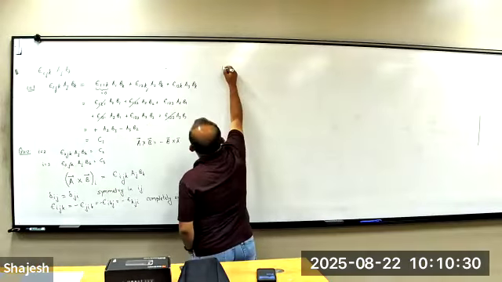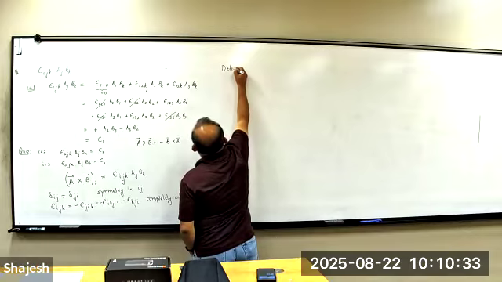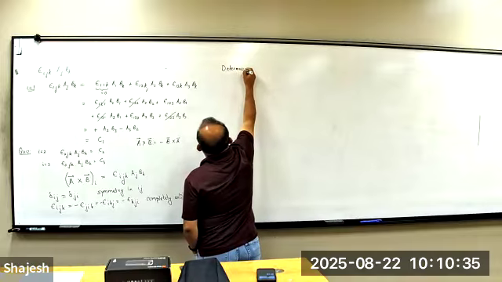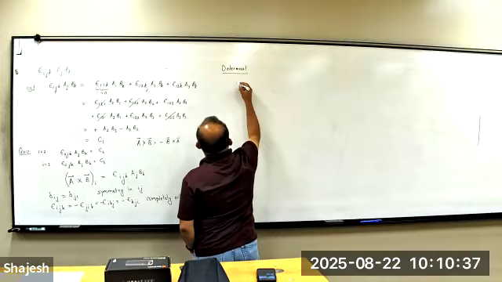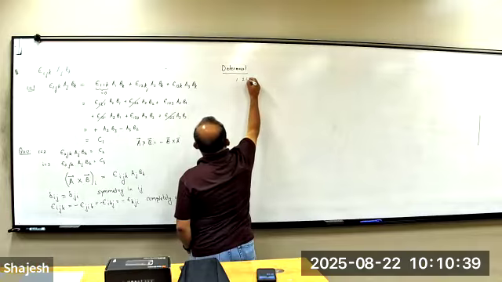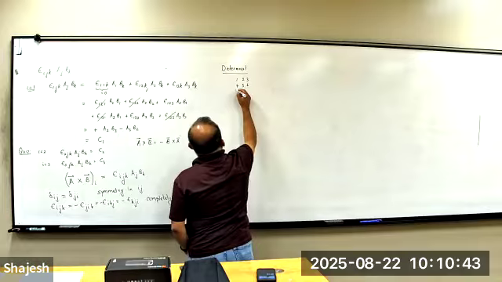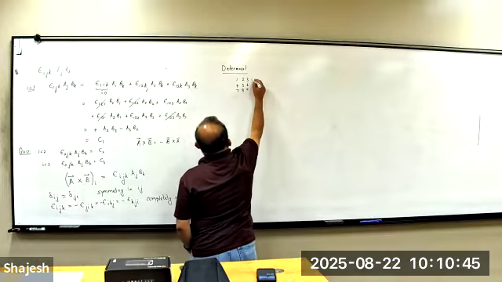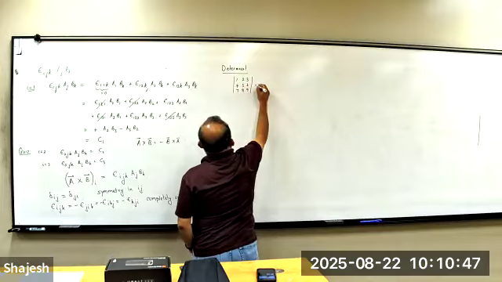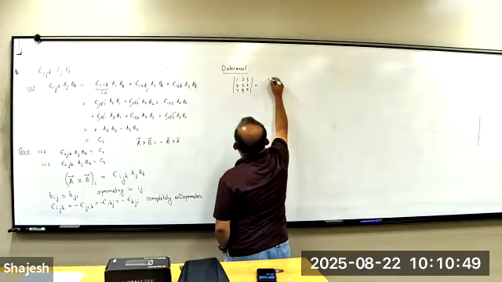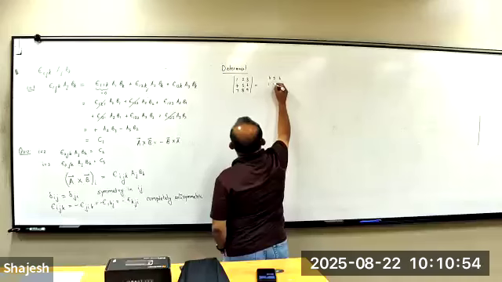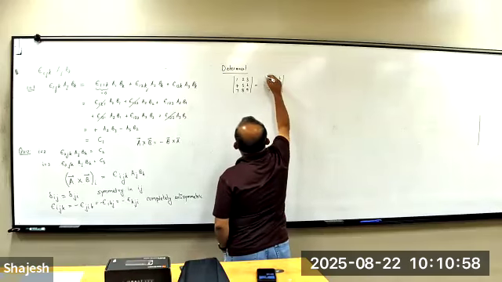And yes, if you think of the determinant of a matrix, so if you have 1, 2, 3, let's say 4, 5, 6, and 7, 8, 9. And if I were to write this as 4, 5, 6, 1, 2, 3, 7, 8, 9. Is this the same?